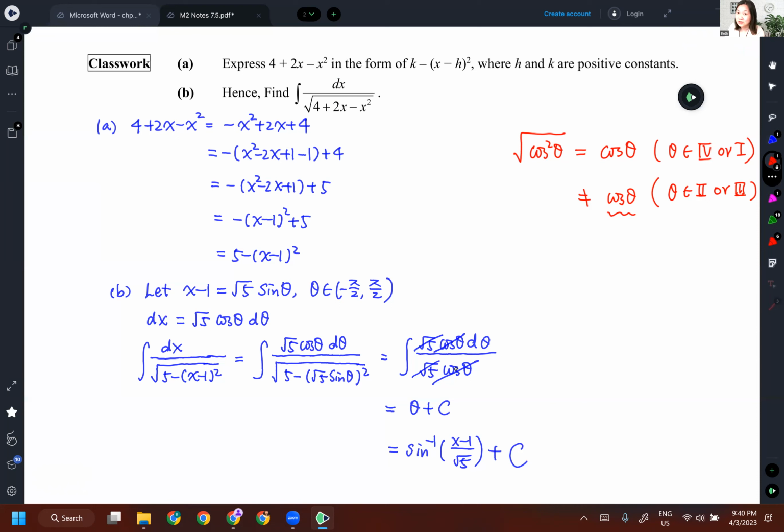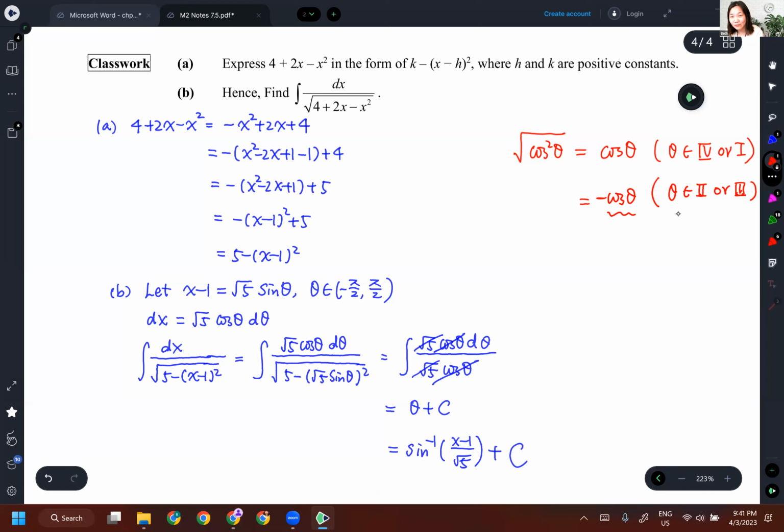So if I want this to be equal, I have to add a negative sign to make this positive. Do you know what I mean? Now, I'm not saying that this square root should give you a negative value. I'm saying that when simplifying, you need to check whether you have to add a negative sign to make the outcome positive. And in this case, you don't have to, because cosine is positive in this case.